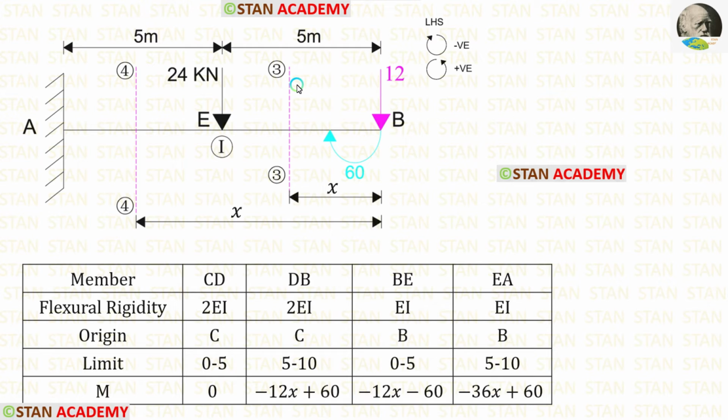Now let us take the portion AB. In AB, we have made two sections. The third section in BE and the fourth section in EA.